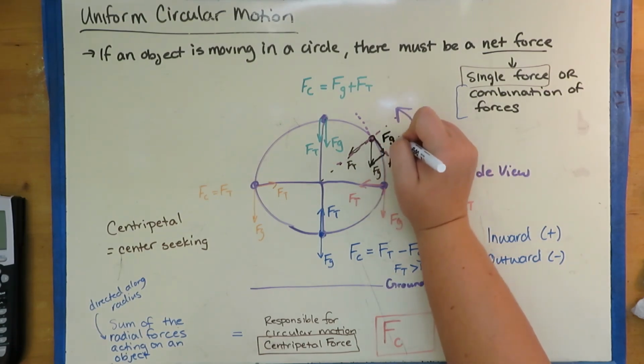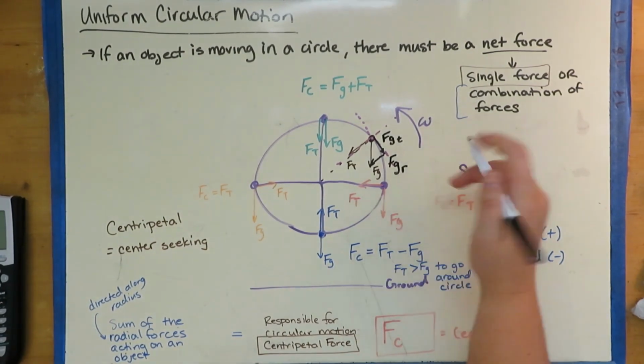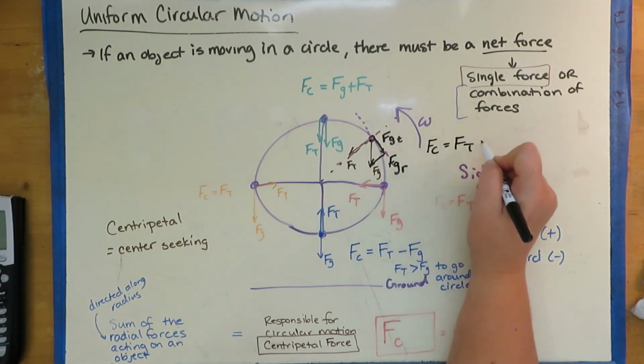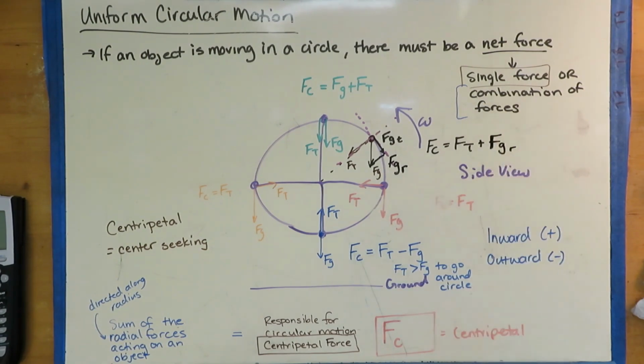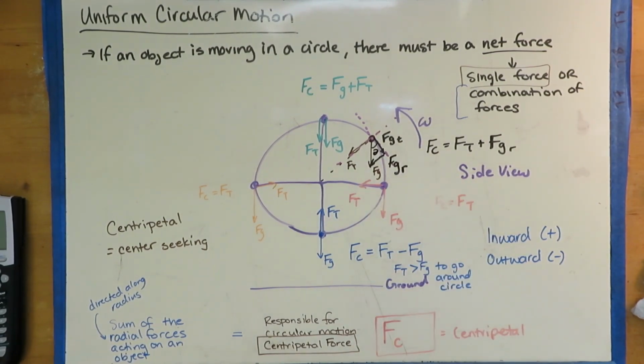So that would be Fg tangent and Fg radial. So in this case, my centripetal force would be Ft plus Fg radial. So I'd have to figure out, well, what is that angle in order to resolve that? And that would be really hard, unless they gave you the angle at that position.